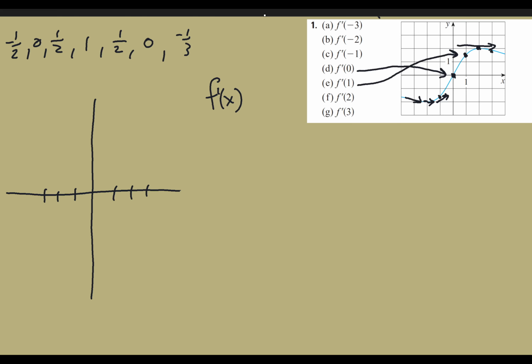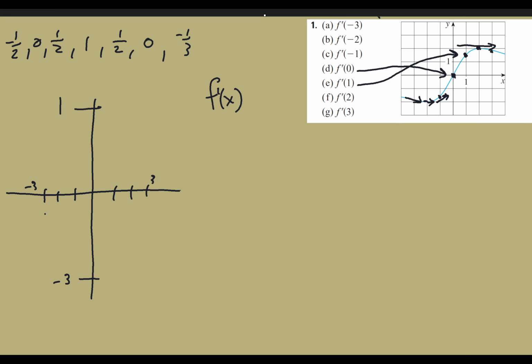Now, where were we? So at -3 for x, on the graph of f of x, it's this, but on the graph of f prime, we have our value here. I'm going to say this is 1 and -1, and this is -3, 3.